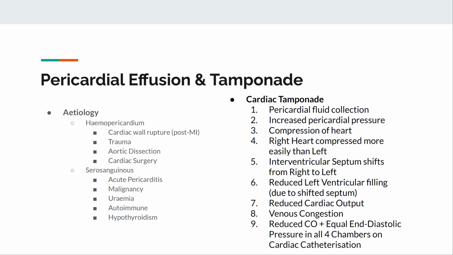Okay? It's only the pulmonary artery that will have a pressure during diastole, and that's actually how they can tell that the catheter's in the right spot. They look at the pressure wave as they're pushing it in. But because the whole heart is being compressed, when the heart relaxes in diastole, it's being pushed down against this pericardial pressure. So the diastolic pressure doesn't reach zero in the ventricle as it normally would. It'll reach whatever the pressure is within the pericardial tamponade space.